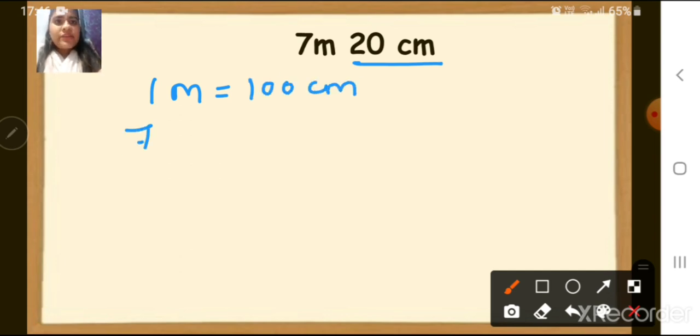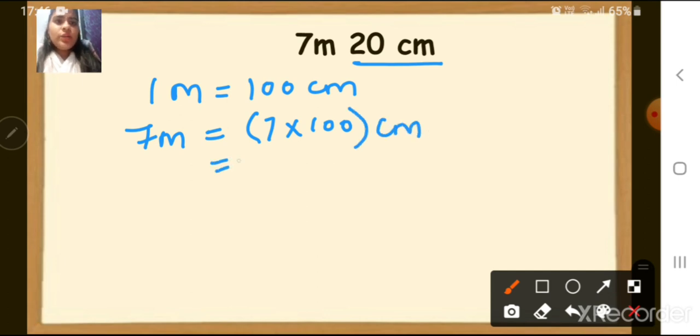So 7 meters will be 7 into 100, right? For converting from meter to centimeter, we multiply by 100. So 7 into 100 centimeters is equal to 700 centimeter. Right, children? See, here we have converted 7 meters to centimeters. 7 meter is equal to 700 centimeter.